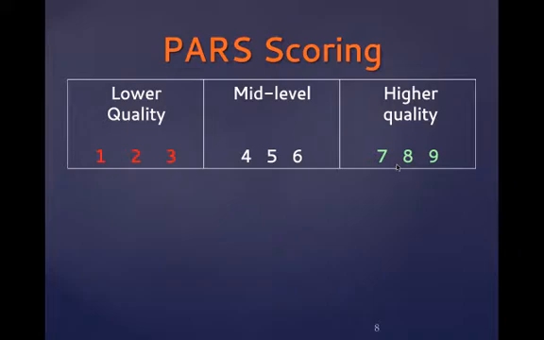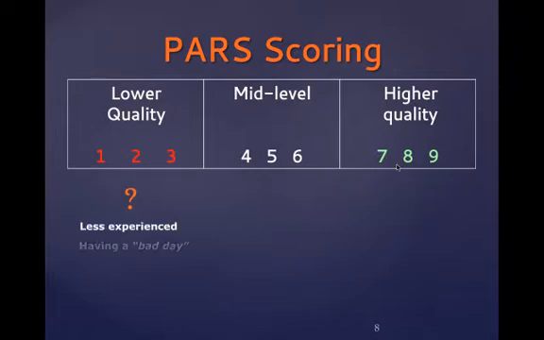I think of the rating system as almost like a theater with 3 rows and 3 seats per row. There's the lower quality row, 1, 2, 3, the higher quality row, 7, 8, and 9, and the mid-level section with seats 4, 5, and 6.